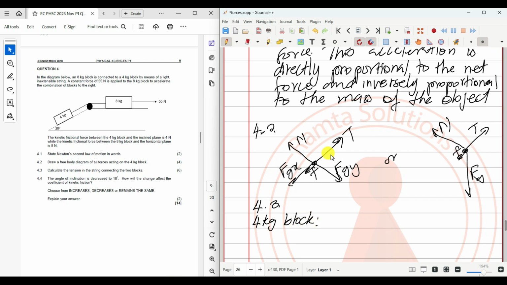Before that, we must have said F net equals MA. I like writing net as a subscript to indicate that it's not one word. Okay, so when we look at the 4 kilogram block, we had it in this way. As you can see, tension minus friction minus F sub gx equals MA.